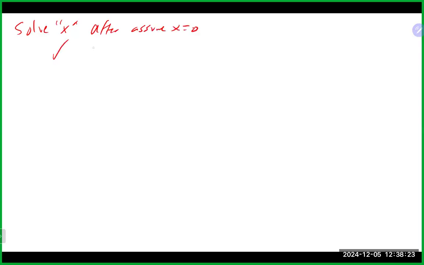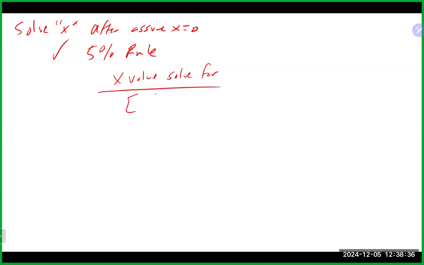You do need to check it, and we are rolling with the 5% rule here in this class. And to check your assumption, you take the x value you solve for, you divide it by really the initial concentration, or what you're going to subtract it from or add it to, times 100%, and it needs to be 5% or less.